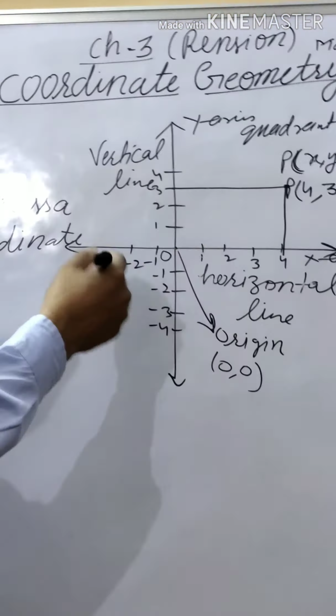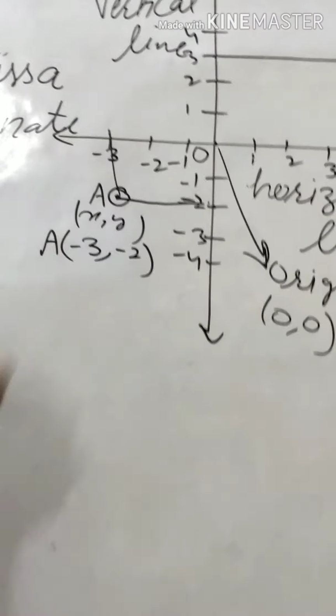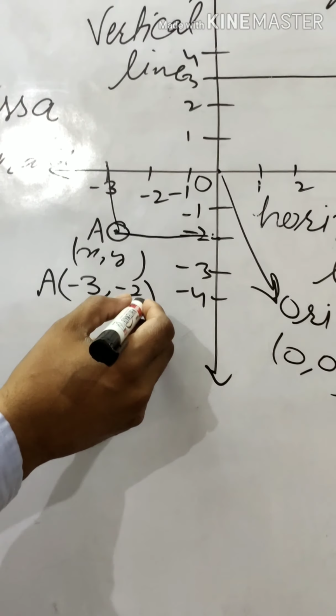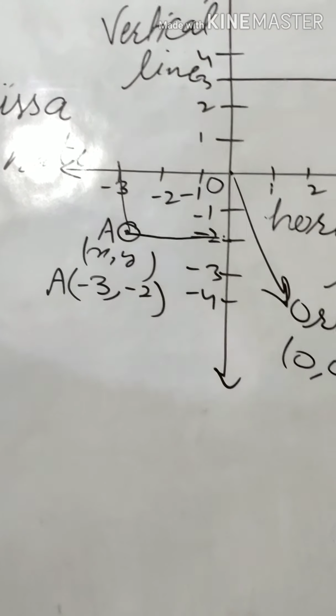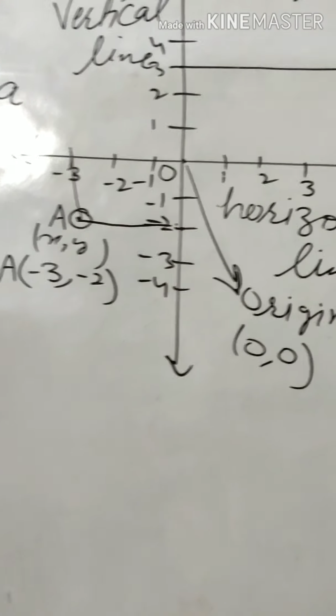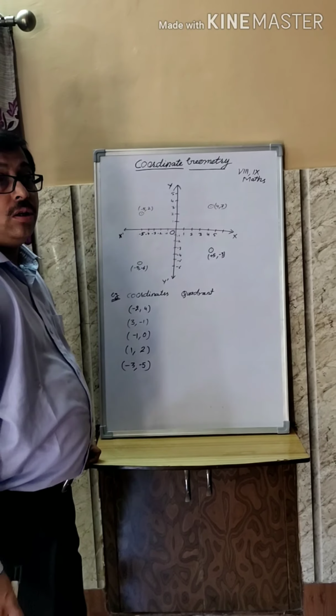So coordinates of A, x is -3 and y is -2. So coordinates of A are -3 and -2. In geometry, abscissa is -3 and ordinate is -2. Understand? So we can locate the points on the graph.